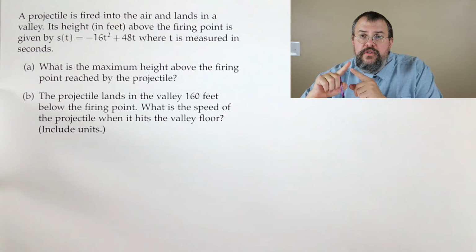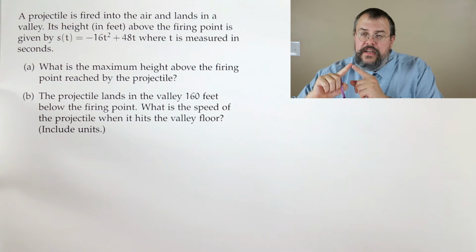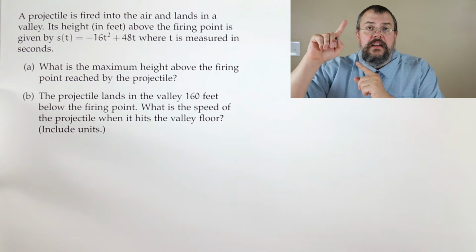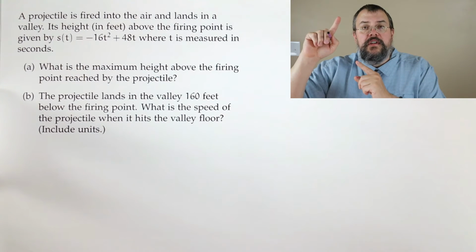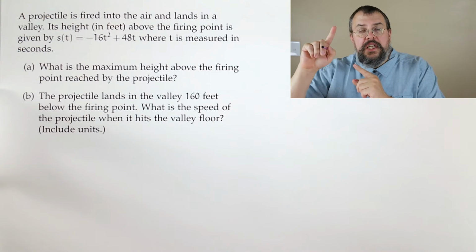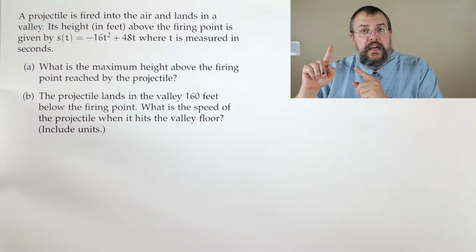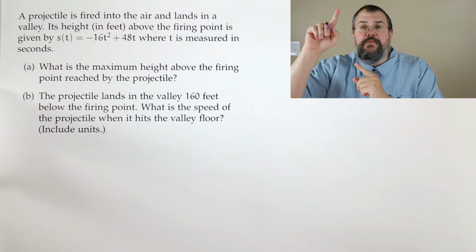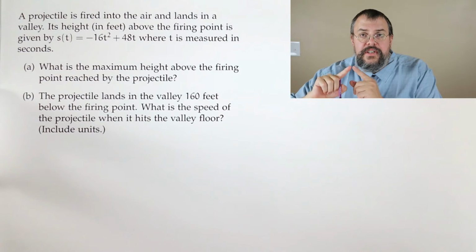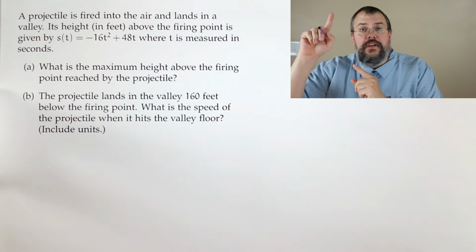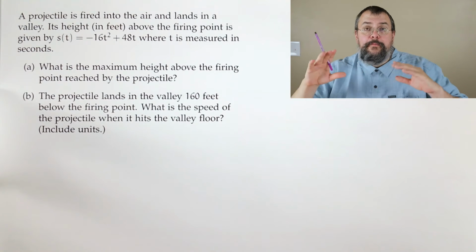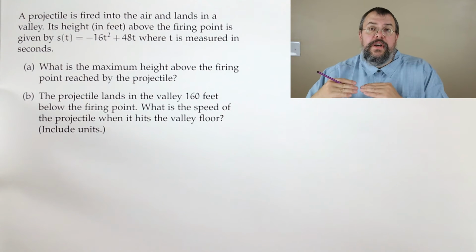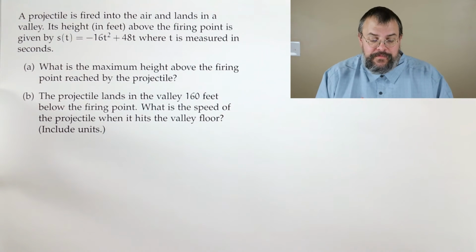As I'm moving up, the velocity is positive because I'm increasing in height. As I move down, I'm decreasing in height. Velocity is negative. So where's that sweet spot where you peak out? The answer is where you have velocity equals 0. So I'm going to achieve maximum height at the moment when my velocity is 0.